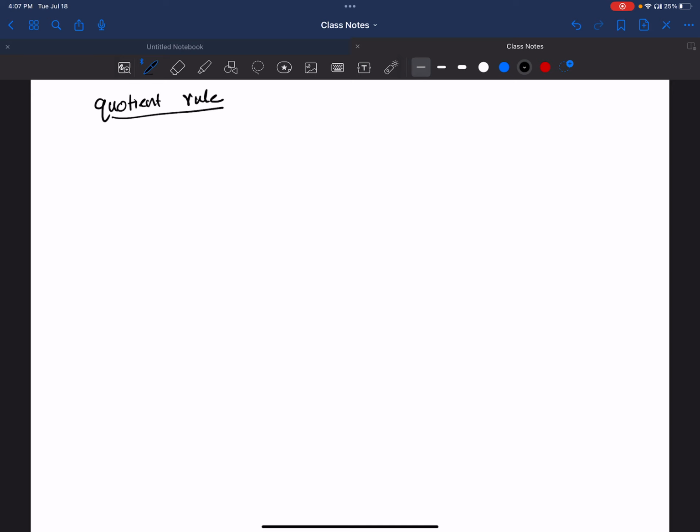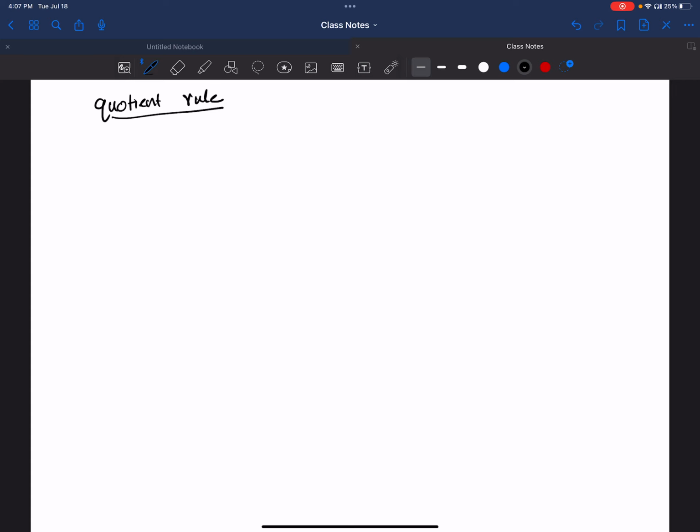Well, sometimes the quotient rule is given as a standalone formula, but I don't like to do so. What I would do is introduce that as an extension of the chain rule and the product rule.